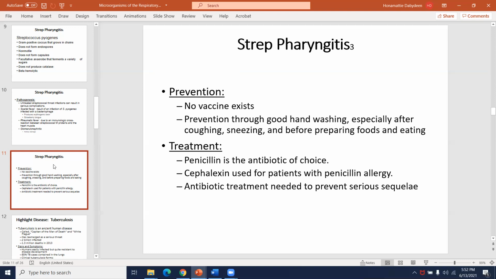Now, there are many, many different serotypes of beta strep, about 80 of them, and you may develop immunity to one serotype.